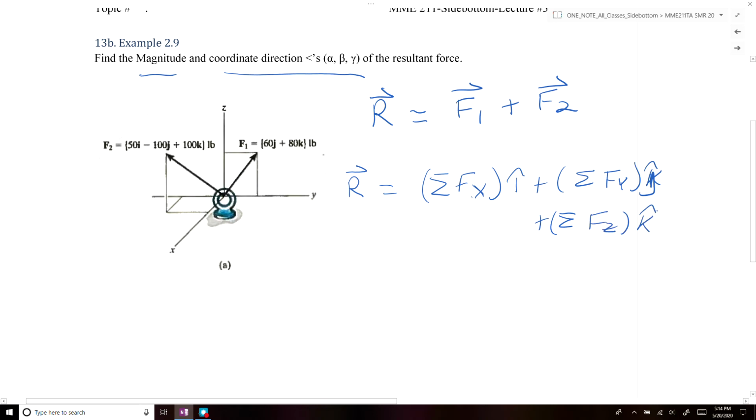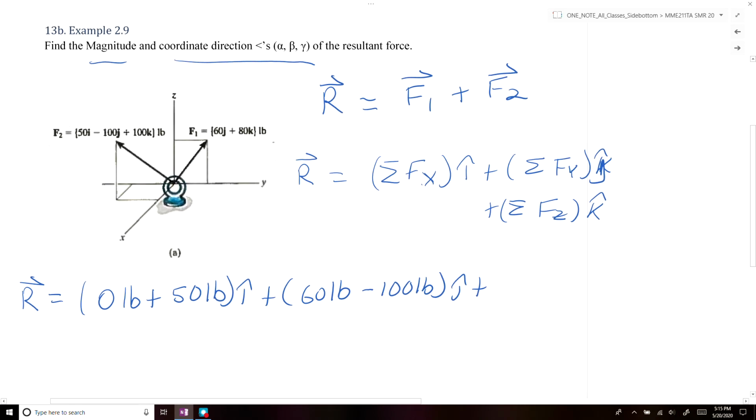So if we do that, our resultant vector would be equal to force 1's x component, which is 0 pounds, plus force 2's x component, which is 50 pounds, times the unit vector i, plus the y component of force 1, which is equal to 60 pounds, plus the y component of force 2, which is equal to minus 100 pounds, times j.